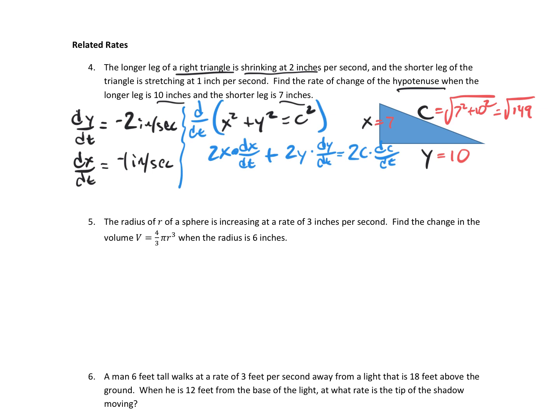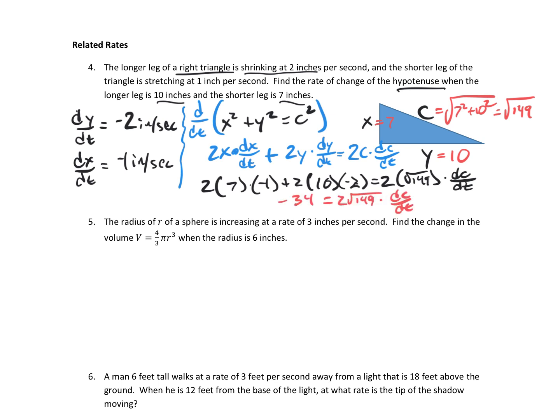So we have 2 times x, which is 7, times dx/dt, which is -1, plus 2 times y, which is 10, times dy/dt, which is negative 2, equals 2 times c, which is square root of 149, times dc/dt, which we don't know. That's the thing that we're trying to look for there.